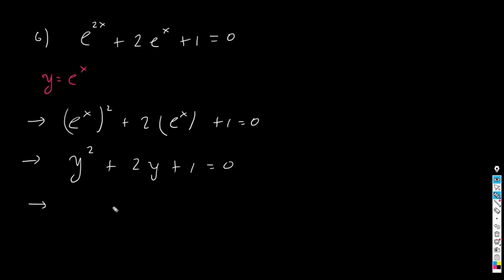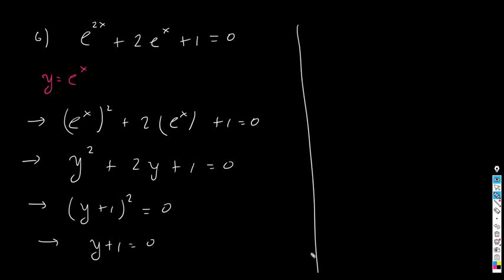And then this is equal to (y plus 1) squared equals 0. Going a little faster, we have y equals minus 1. So this is the root I have for y. But what is y? y is equal to e to the x. So e to the x equals minus 1.